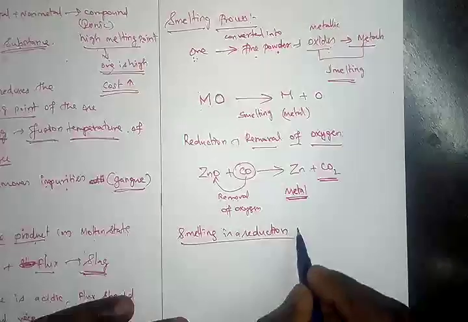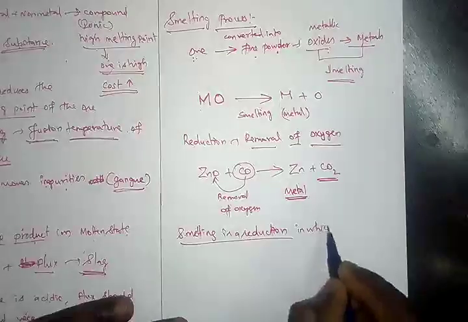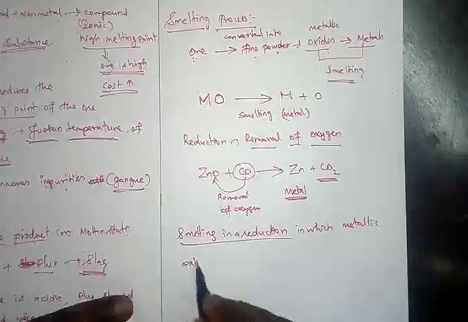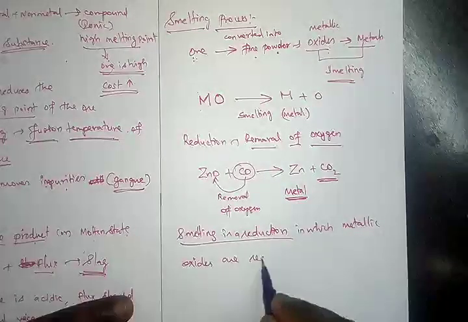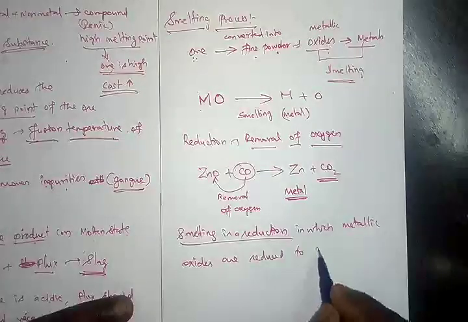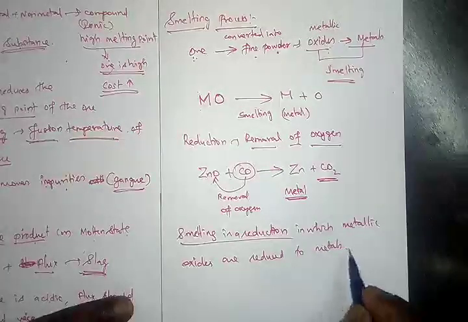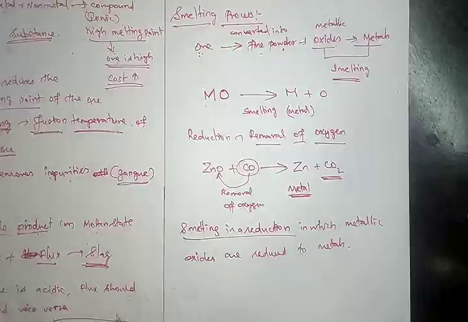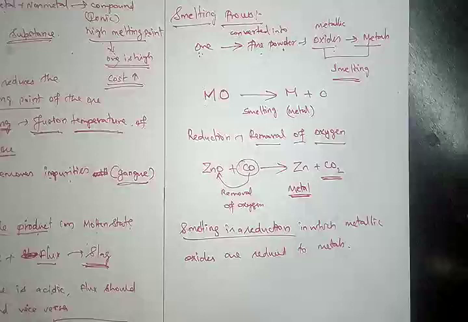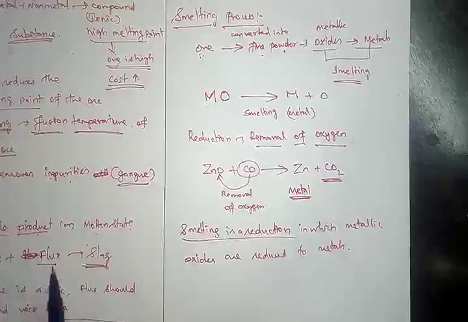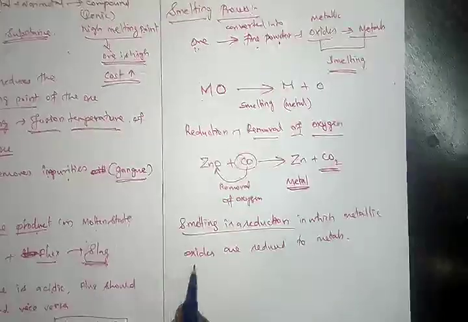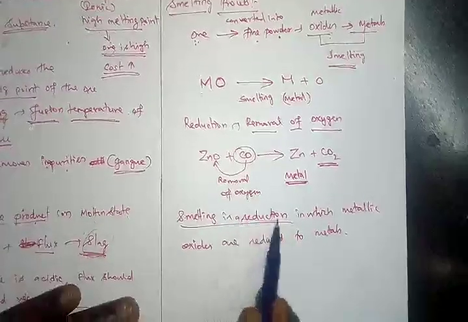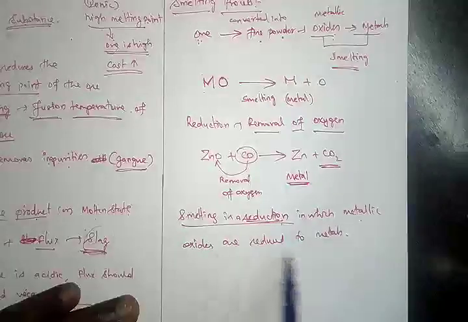So smelting is a reduction process in which metallic oxides are reduced to metals. Right, this is called the smelting process. Simply, the impurities are removed by adding the flux, and then they are removed as slag. So this is the idea, my dear children. The smelting process is nothing but a reduction process. We reduce metallic oxide into metals.